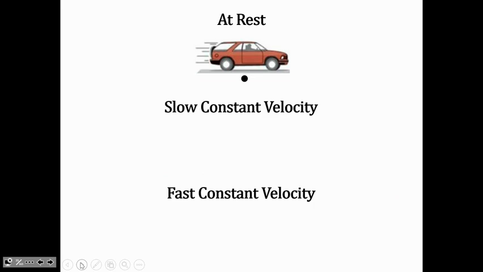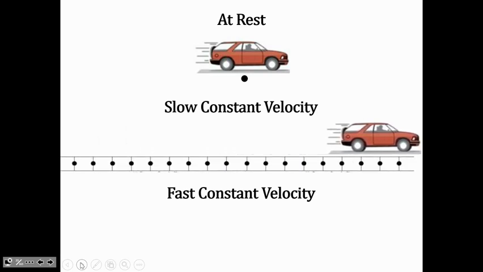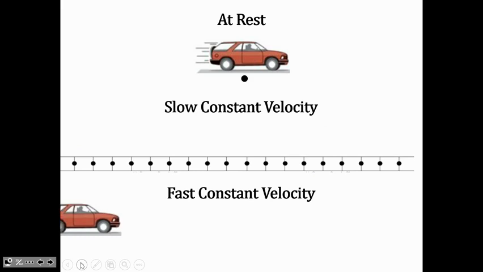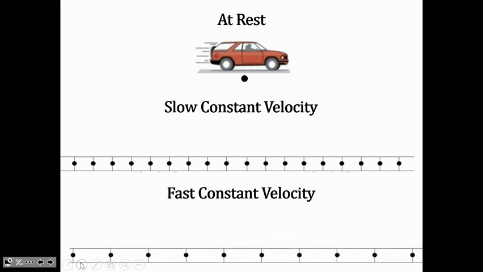So in conclusion, there are three ways that you can have constant velocity motion, whether you're at rest, whether you're moving at a constant velocity at a slow speed, or maybe you're moving at a fast constant velocity. Any of those three options, you'll see the same key facts that we went over today.